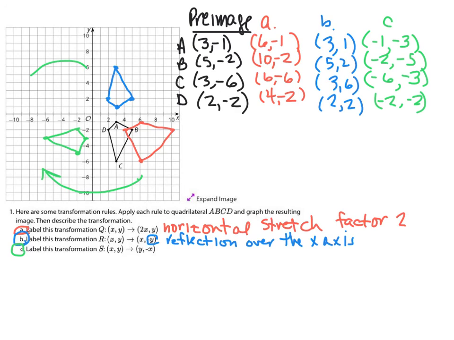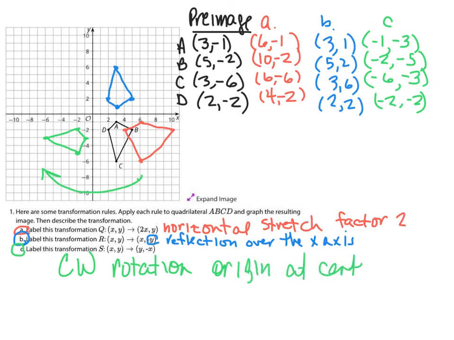Yeah, that looks like it's clockwise. Clockwise rotation, with the origin at the center. And that's where we changed our x and y value and made our x negative. Okay, that would be a clockwise rotation with the origin at its center. Cool. That's it for today.